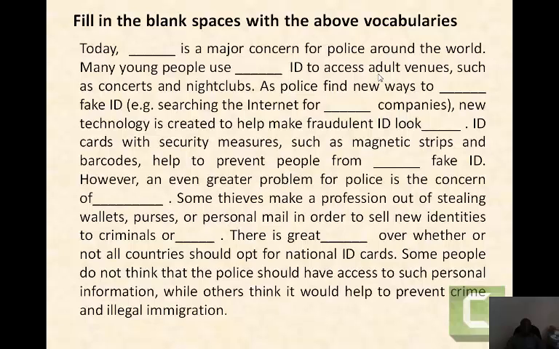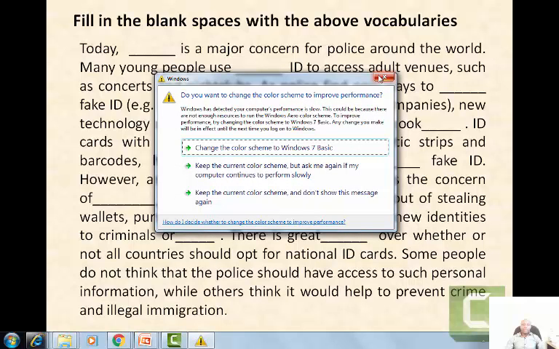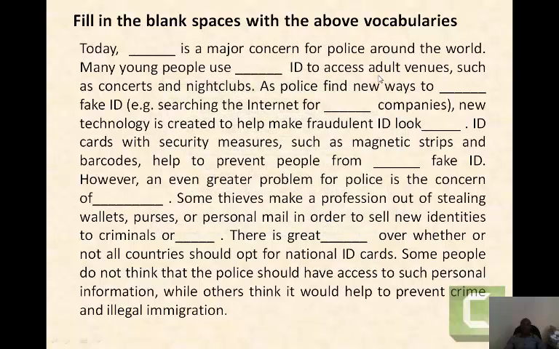Many young people use blank ID to access adult venues such as concerts and nightclubs, as police find new ways to blank fake ID, for example, searching the internet for blank companies. New technology is created to help make fraudulent ID look blank.